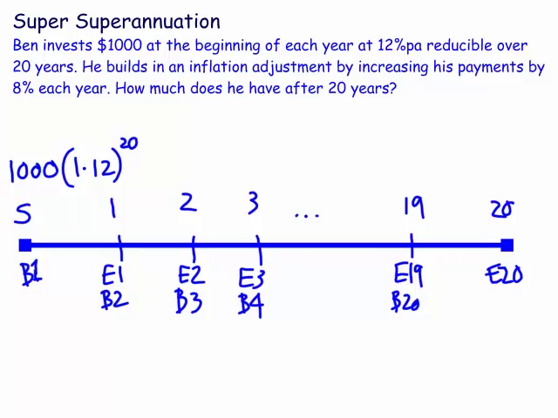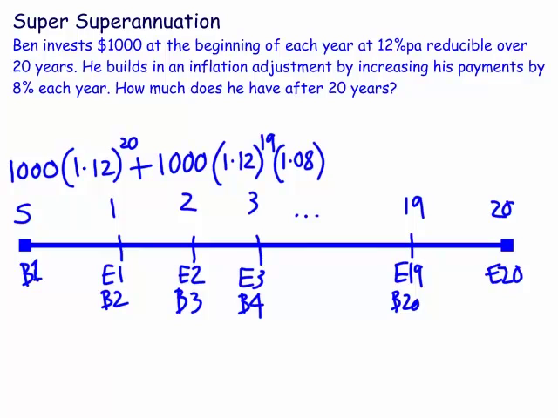Now let's have a look at the second $1,000. It'll only go through for 19 years, but I've now also incremented it by 8%. So you can see what's happening here.